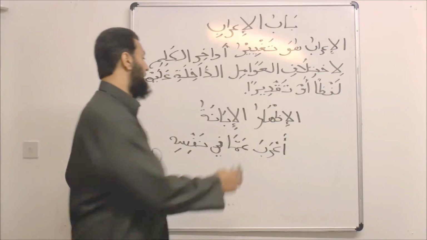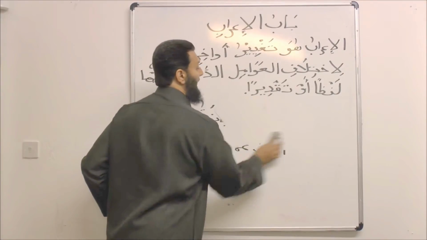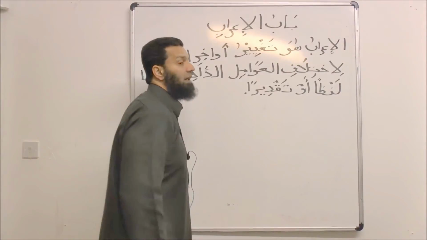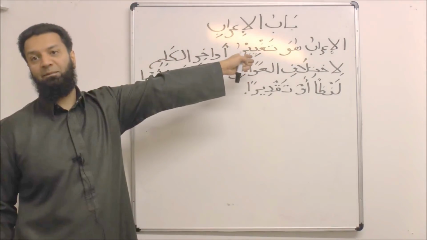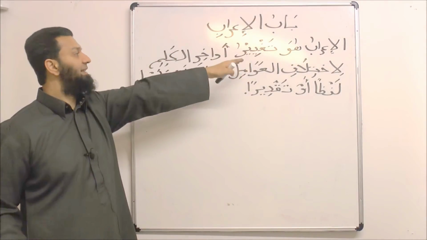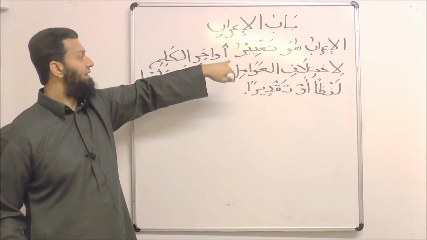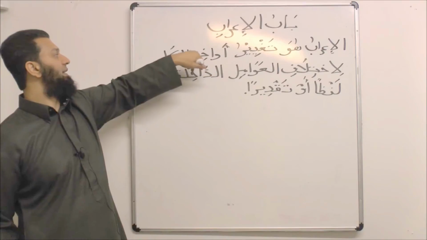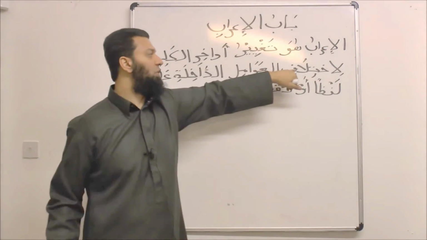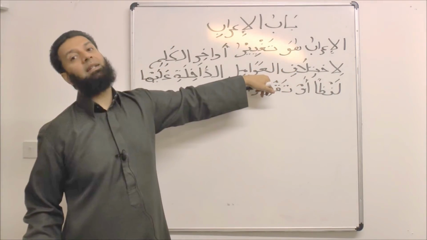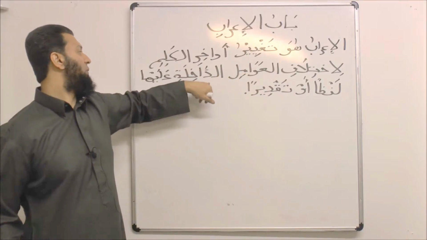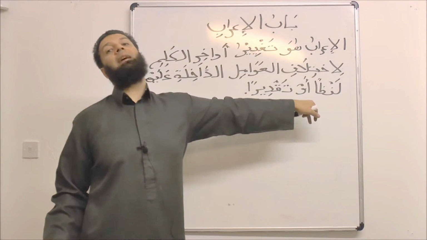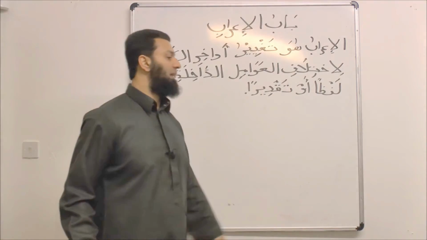That's the lughawi definition. As for al-istilahi, that which is in relation to the science, then it is this. This is the definition. It is the changing of the endings of the words due to the actors entering upon them, and those changes will either be lafdhan or taqdeeran.